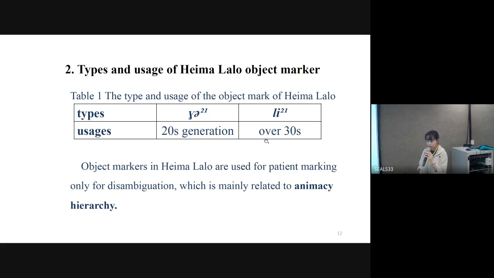But those over 30 don't use it; they use ni. It's necessary to use this marker just for patients, when agent and patient are ambiguous, which is very related to the animacy hierarchy.